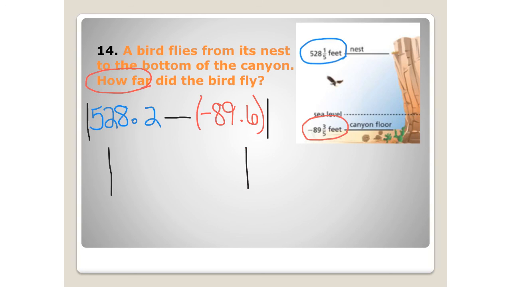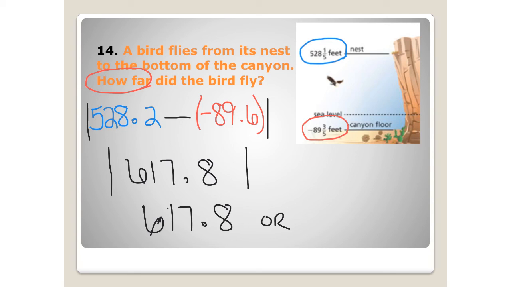We're going to do the math inside the absolute value bars, and we get 617.8. And the absolute value of that is 617.8. Or its fraction, 617 4/5.